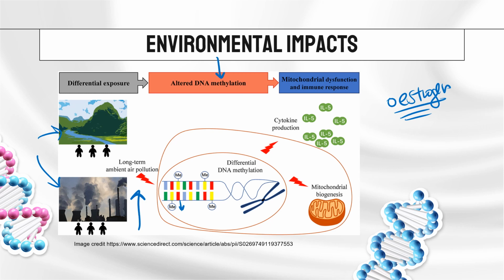What's important about that is that those methyl groups not being there are going to reduce that transcriptional regulation, which is going to lead to the production of some proteins that cause our mitochondria to work less well. Less functional mitochondria means less good ATP production.